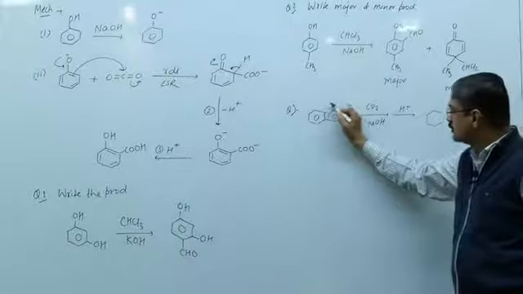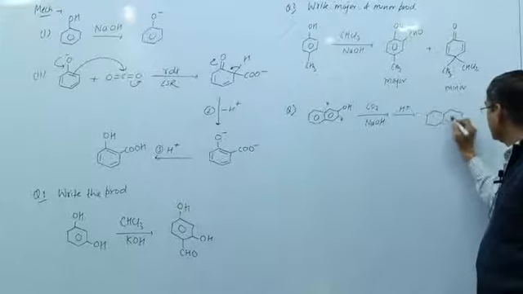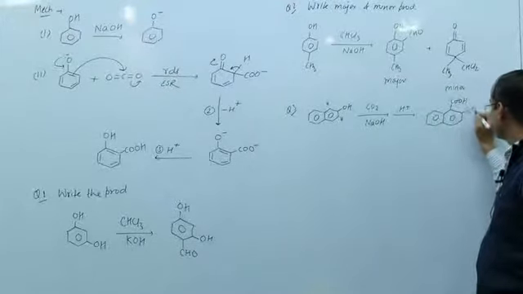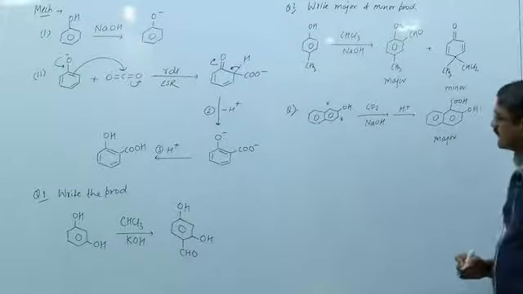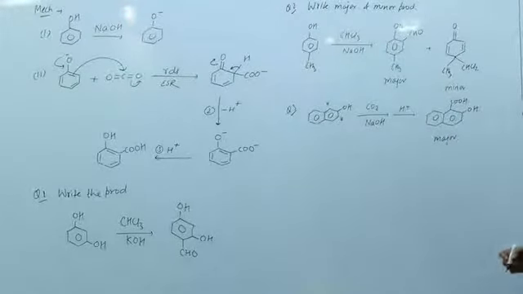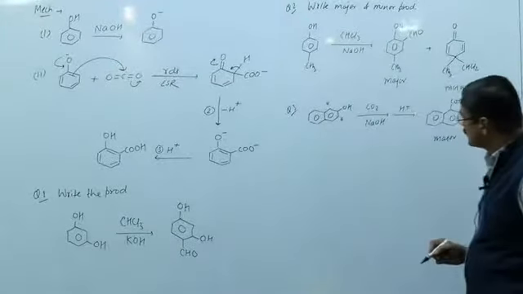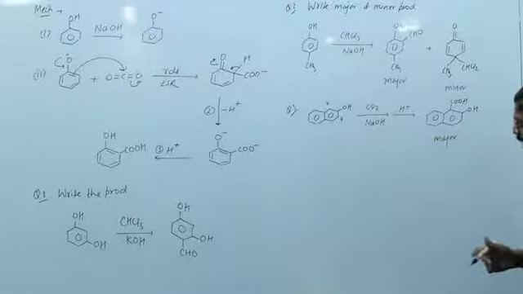So there are two ortho positions in this molecule. At alpha position the product is major. At the beta position the product is minor. And para position is already blocked, so there is no formation of product at para position.